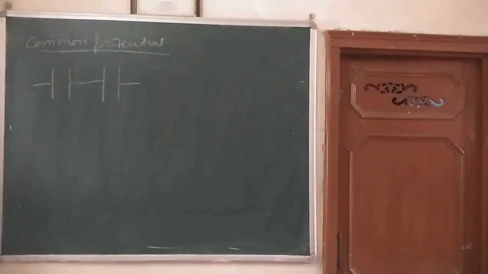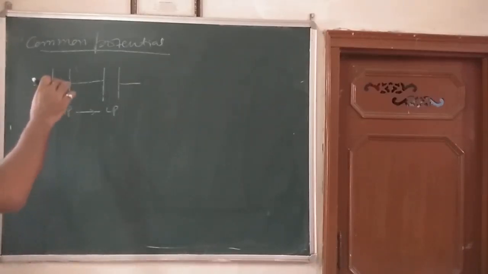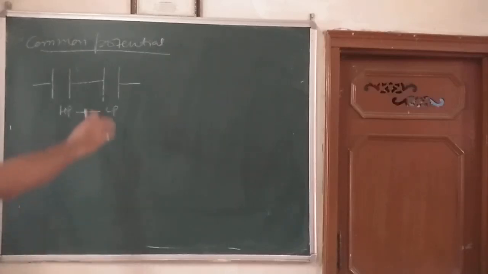What happened? Charge flows from one at higher potential to the other at lower potential. Suppose it is at higher potential and it is at lower potential, the charge will be transferred from higher potential to the lower potential. Is it clear? Now this flow continues. कब तक होगा ऐसा flow?